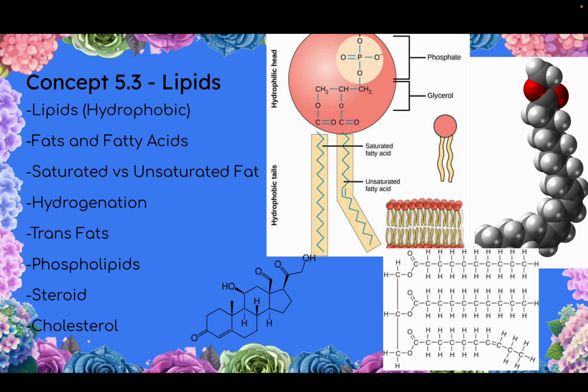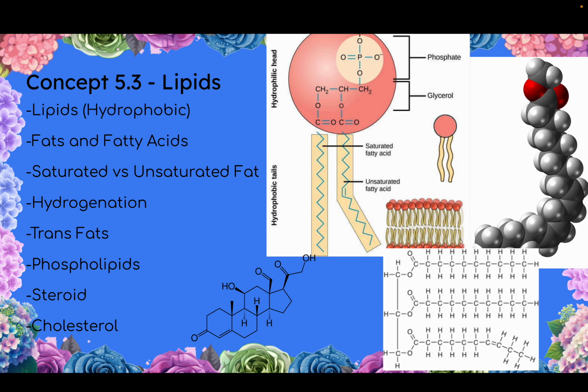Okay, for the next concept, it's lipids. Lipids are probably one of my favorite macromolecules. I think they're really interesting, and there are a lot of different uses for them. Very much like carbohydrates, it's basically just a carbon skeleton. Lipids are hydrophobic macromolecules that are also called fats.